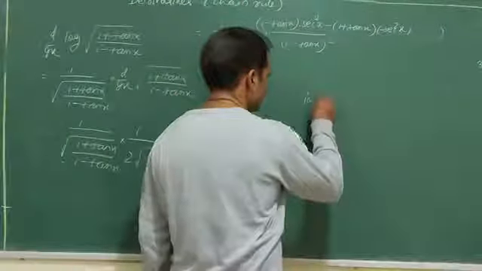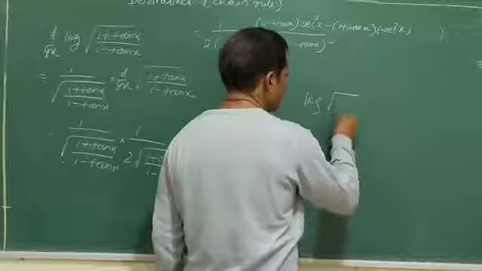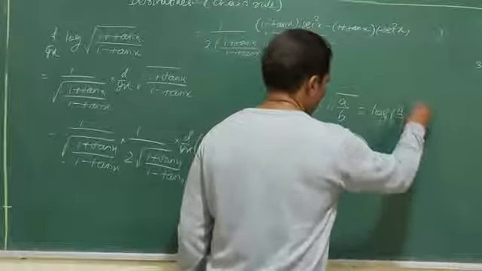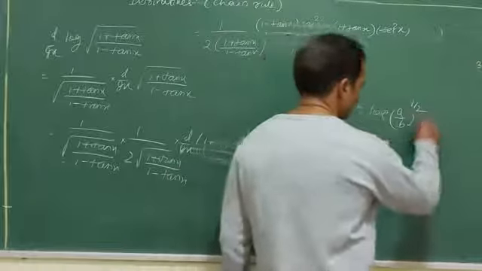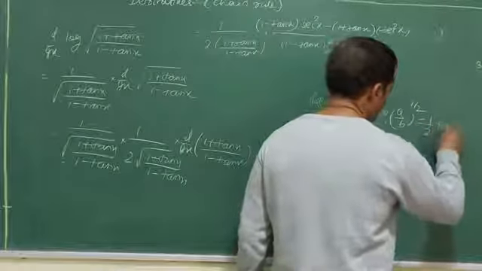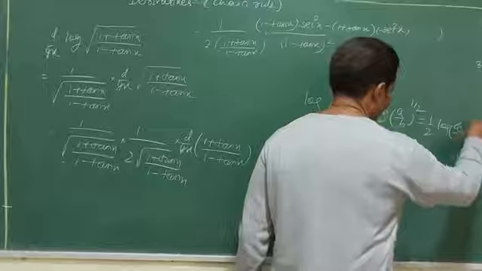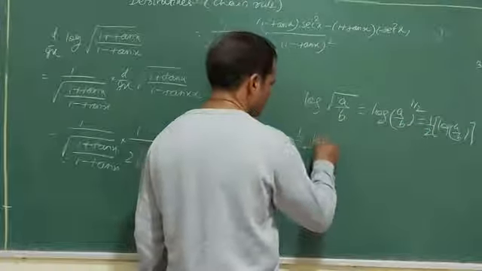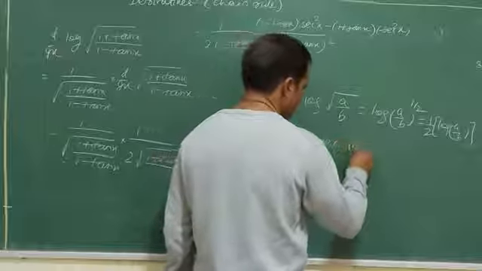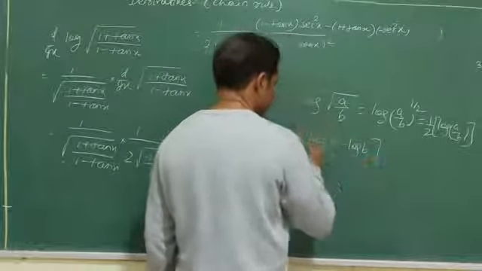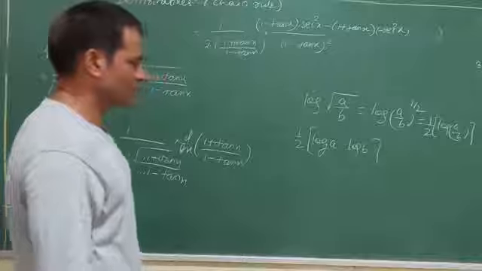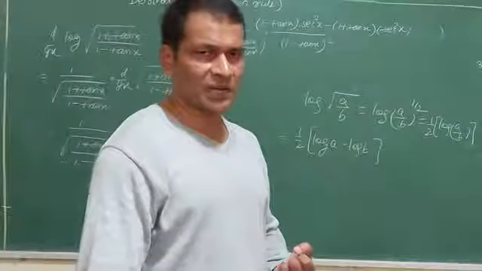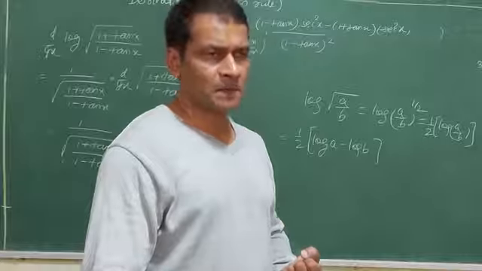Suppose log root under a by b, what can I write down? A by b to the power 1 by 2. I can write down 1 by 2 log a by b, 1 by 2 (log a minus log b). So whenever a log question comes up, I have to think a little. What I can do, the approach will become small.